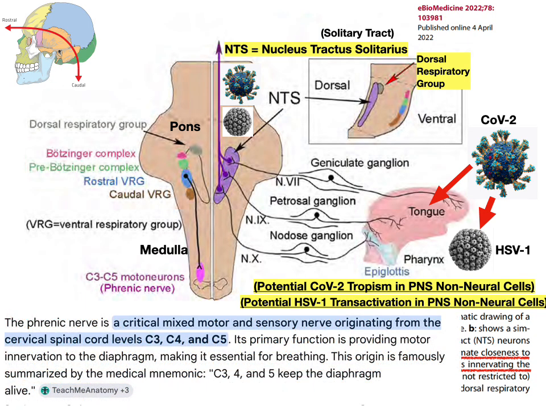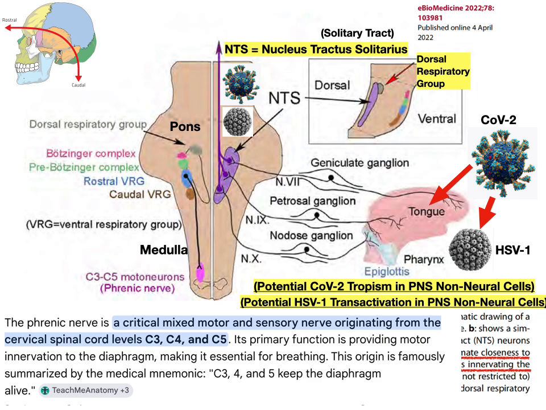Now, a sidebar comment on the phrenic nerve, which receives motor neurons from cervical levels 3, 4, and 5 in the neck. The phrenic nerve is a critical mixed motor and sensory nerve originating from the cervical spinal cord levels C3, C4, and C5.